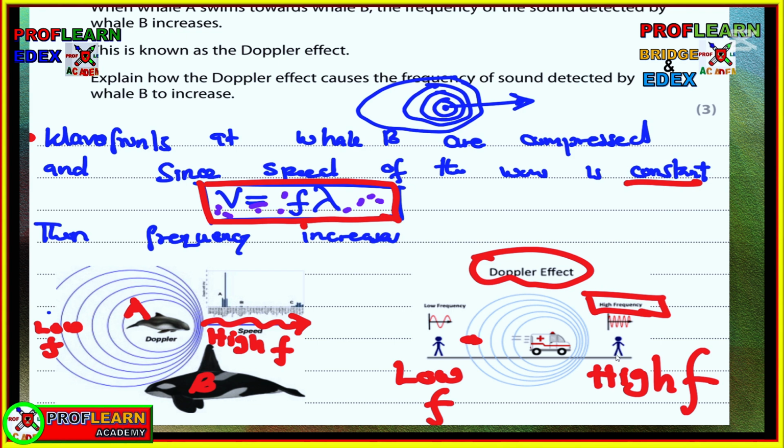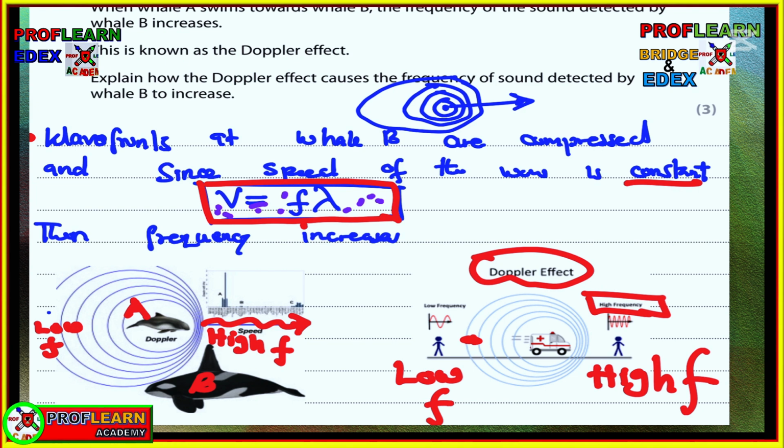Now, if you are asked to define the Doppler effect, we are going to say the Doppler effect is the phenomenon that occurs due to relative motion between the source and the observer.